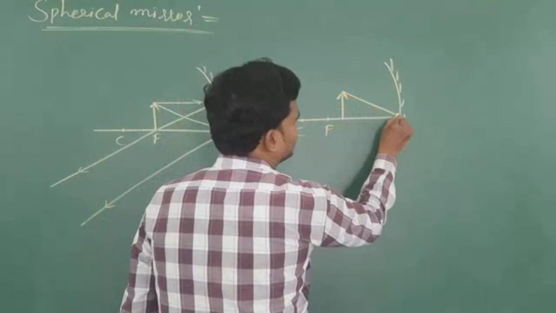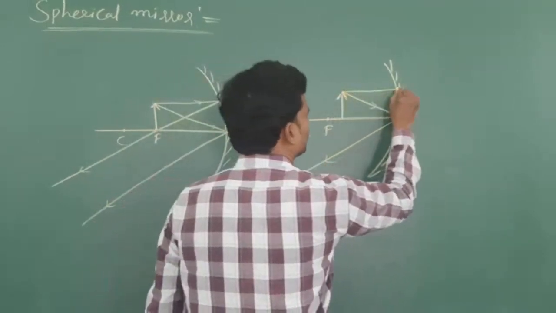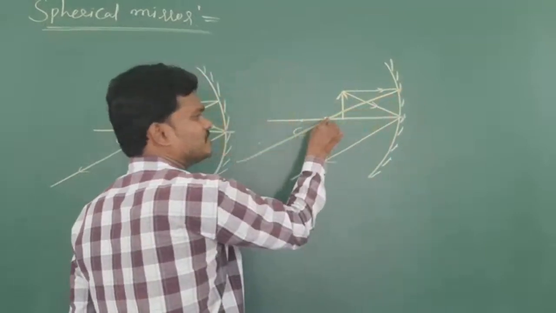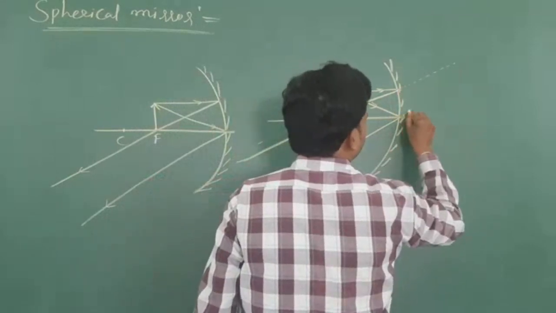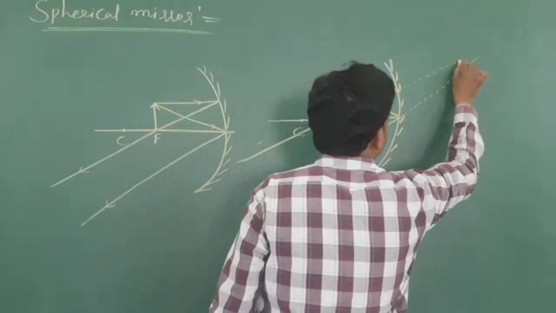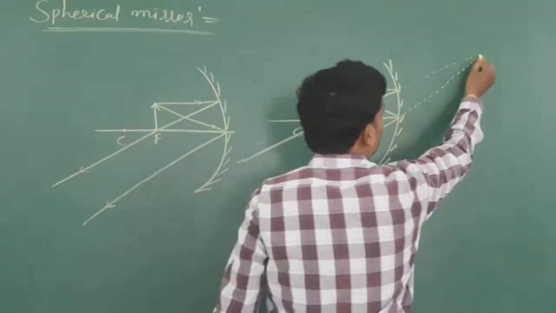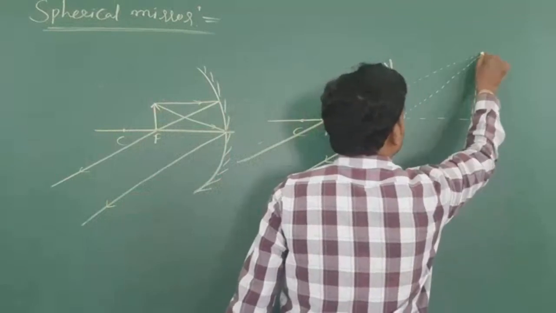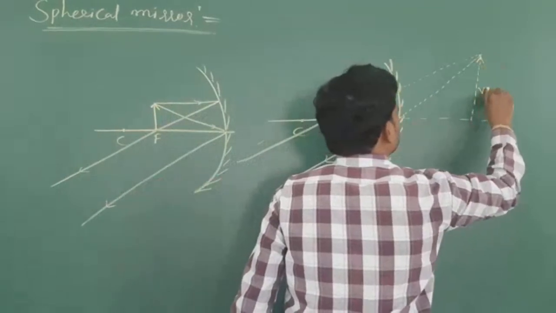One of the light rays strikes the surface, one more parallel beam of light. After that it undergoes reflection. It has to pass through the principal focus. Now, if I extend these light rays backward, see, these two are not exactly parallel. If I extend, I will get an erect, enlarged virtual image.